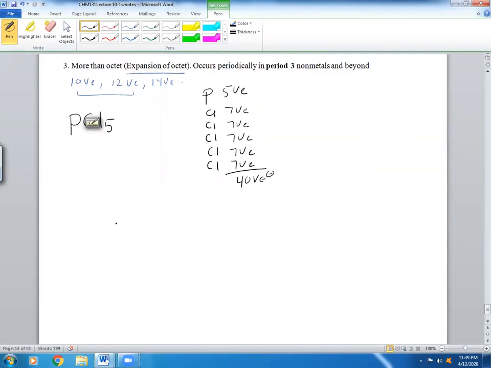Put P in the center. However way you want to draw this, it really doesn't matter in terms of how you place them. Give the Cls the octets. And then we'll check how many electrons we have.